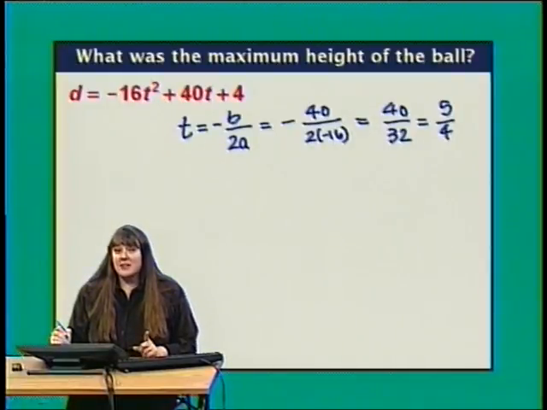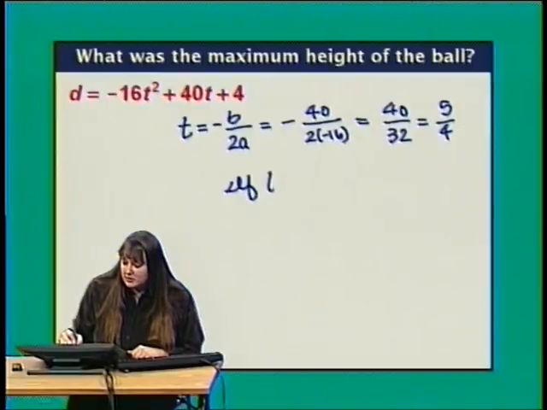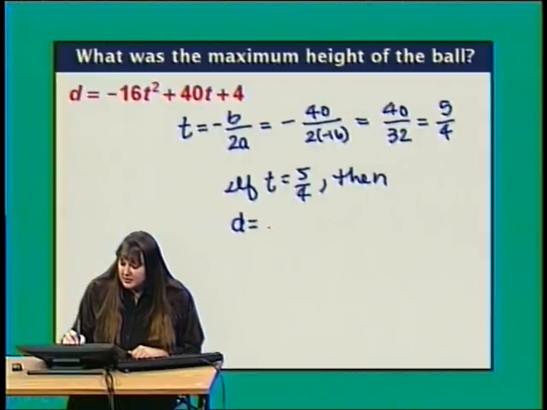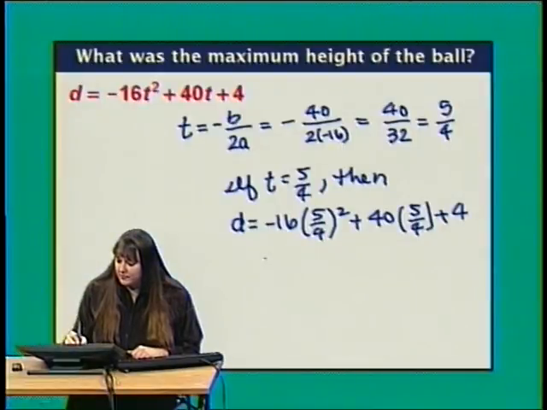Well, that tells me the time when the ball reaches the maximum height. I'm interested in what that maximum height is. So what I need to do is find out what d is when t is 5/4. So if t is 5/4, then d is negative 16 times the square of 5/4 plus 40 times 5/4 plus 4.